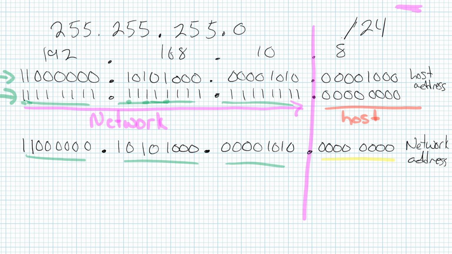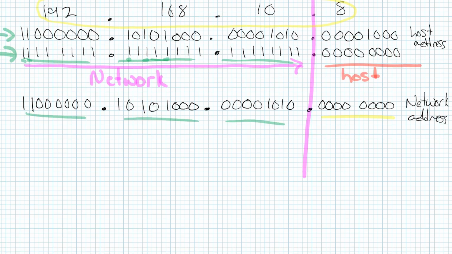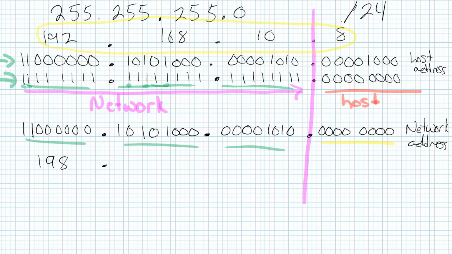So in our path to find 192.168.10.8, when we're networking traffic, we're going to have to first find this network address here. So we'll just quickly convert that back to decimal. It gives us 192.168.10.0. So that's our network address.